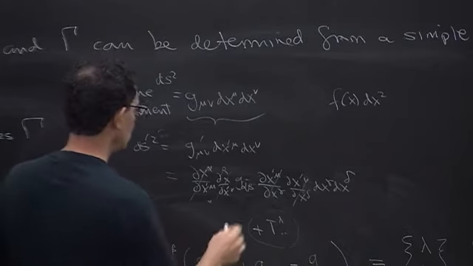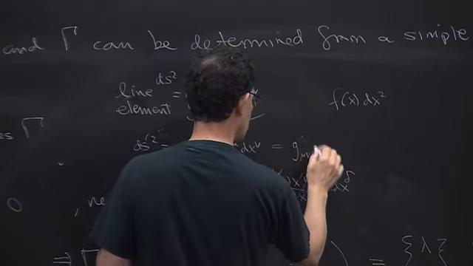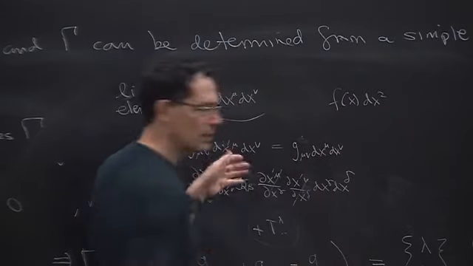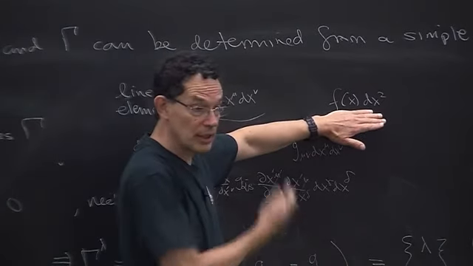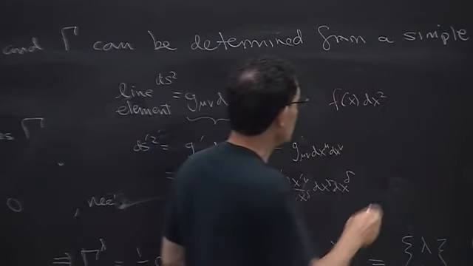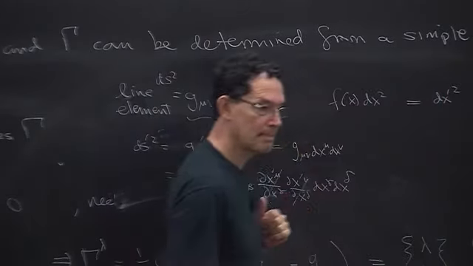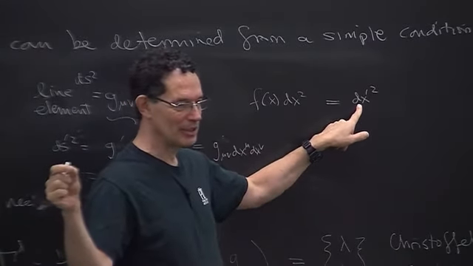So the line element is invariant under coordinate transformations. It's always nicer to think about this quantity. So the statement is that in one dimension, the line element is always of that form. What I'd like to do is write it as dx prime squared, because that's the trivial line element. That's flat space in one dimension.